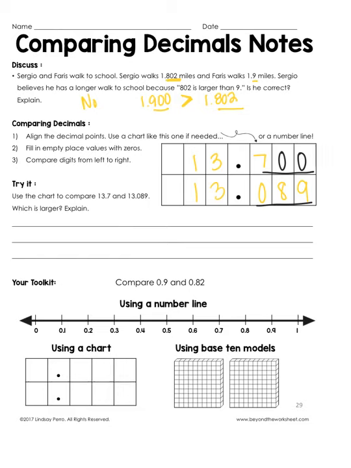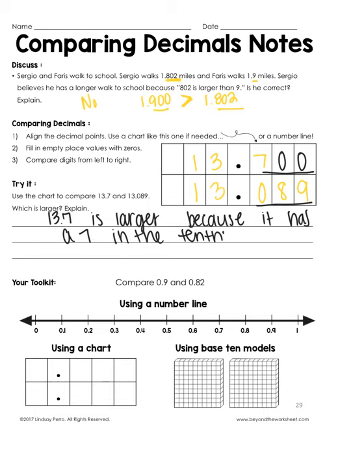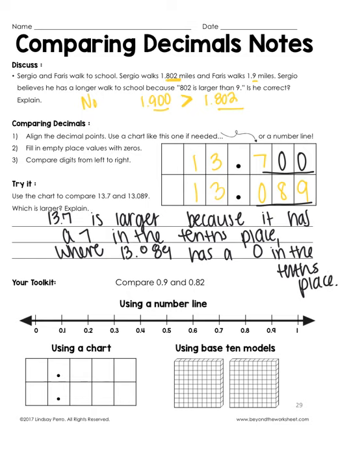So 13.7 is larger because it has a 7 in the 10th place, where 13 and 89 thousandths has a 0 in the 10th place. Okay, so you want to go by place value when you're comparing.